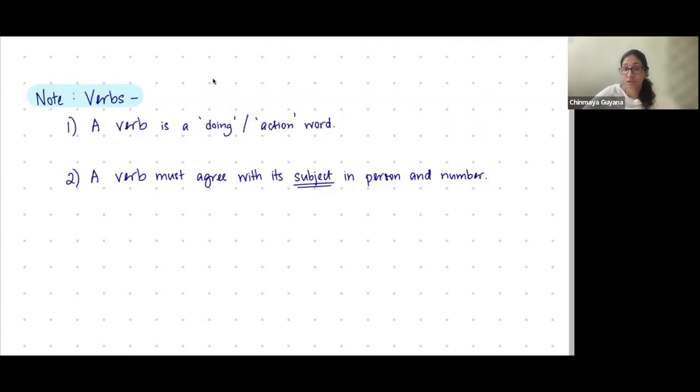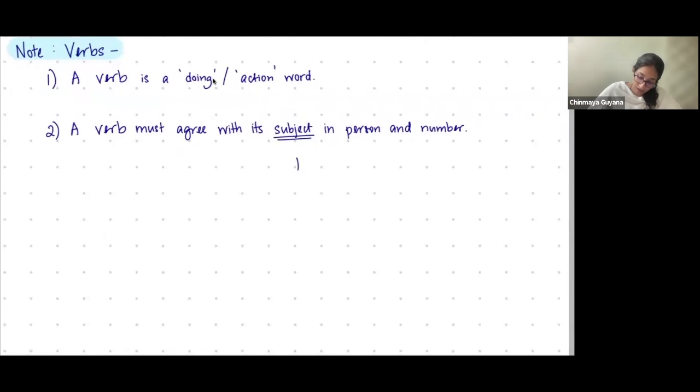Meaning, if the subject is I, then the verb must be ami. I is singular, so ami is singular, like that. Simple. We've learned it. This is just a technical way of saying what you have already learned.